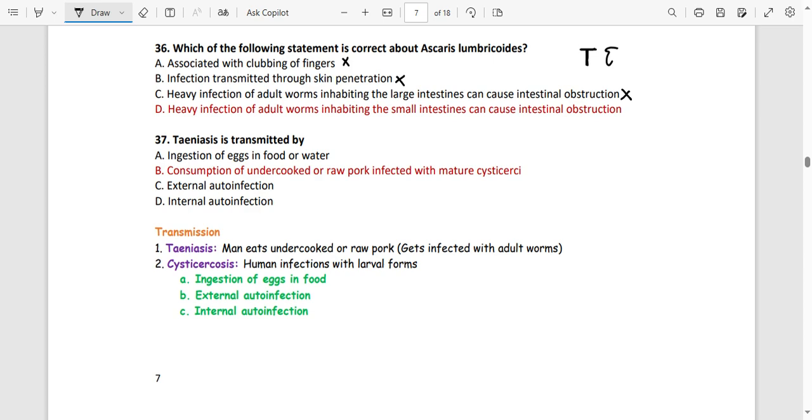Right. Teniasis is transmitted by ingestion of eggs in food and water, consumption of undercooked or raw pork infected with mature cyst, external autoinfection, internal autoinfection. Why do you think the other options are wrong? Anyone with any thought?